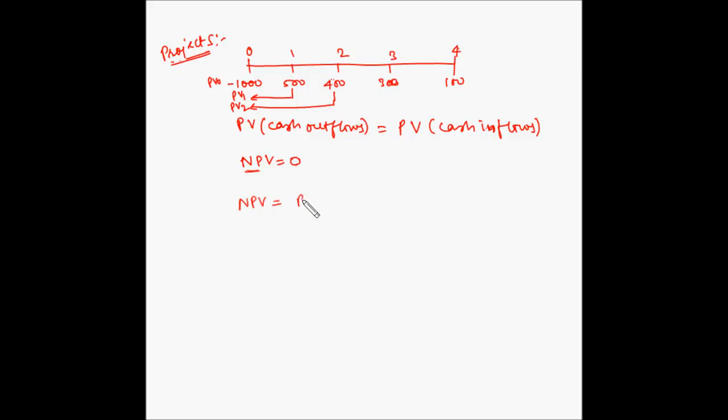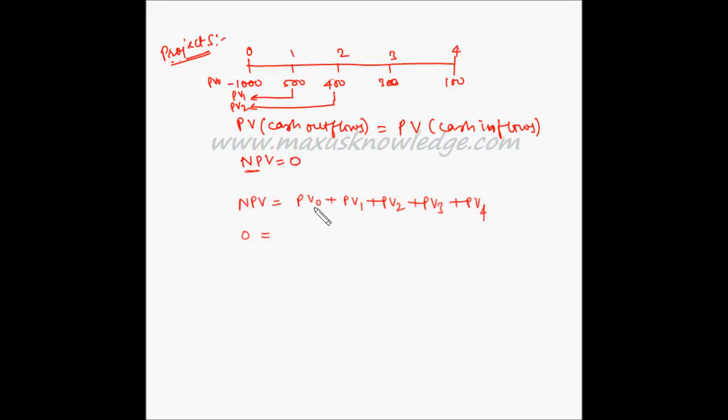So PV0 plus PV1 plus PV2 plus PV3 plus PV4. Now NPV has to be 0 at IRR.